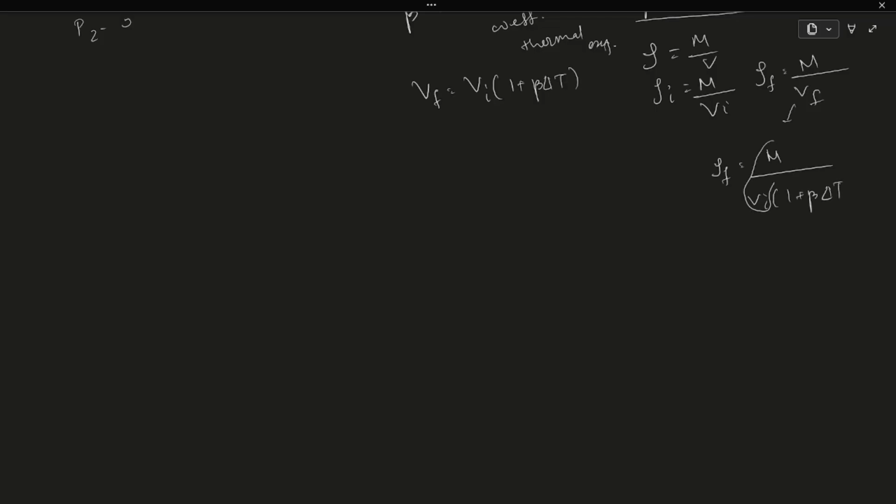This mass by volume initial is basically rho initial. So rho final is rho initial divided by (1 plus beta delta T). Here beta delta T is very much less than 1 because beta is in the order of 10 to the power minus 4, so we can use that approximation. So rho final is rho initial times (1 minus beta delta T).